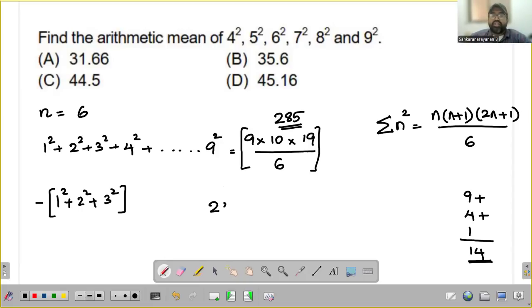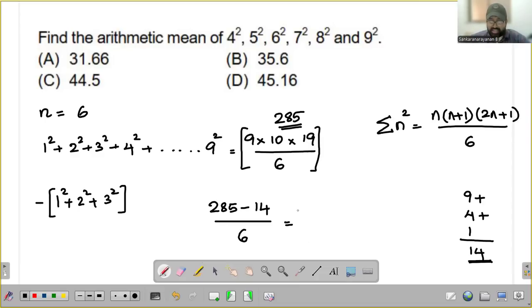So from 285, you exclude 1 square plus 2 square plus 3 square, that is, you exclude that 14. Now you are getting the sum of all the observations, that is 4 square, 5 square, 6 square, 7 square, 8 square, and 9 square. Sum of observations divided by number of observations, which is 6.